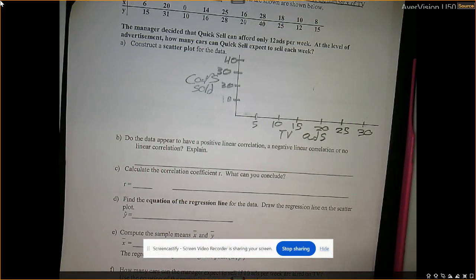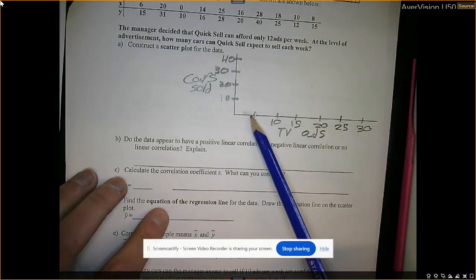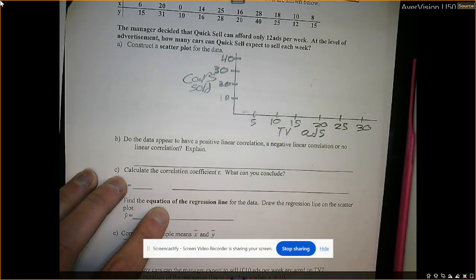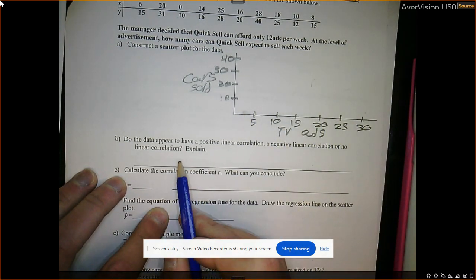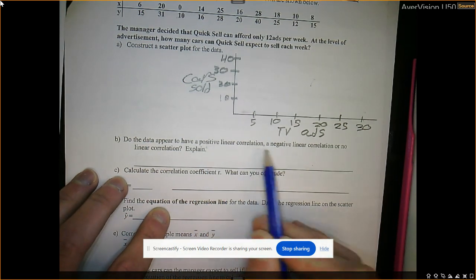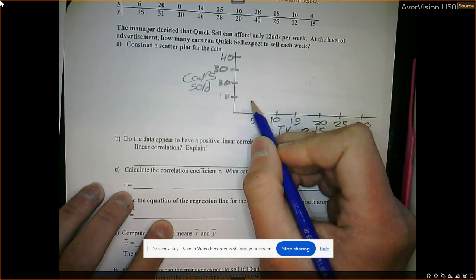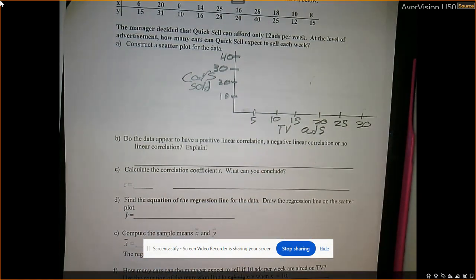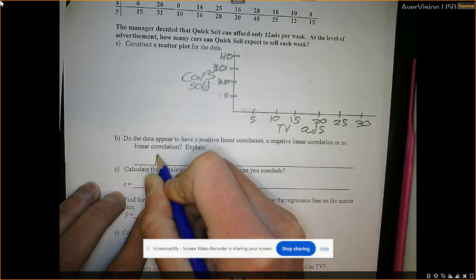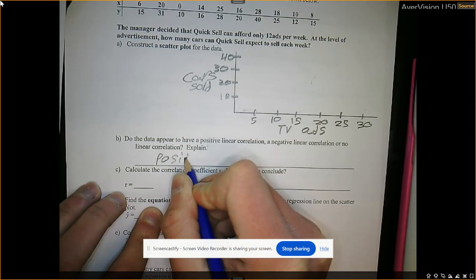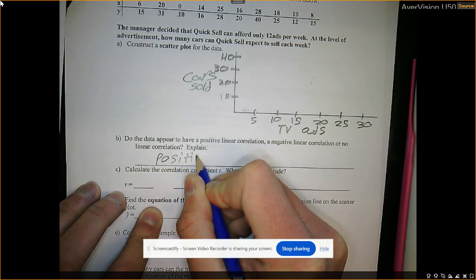Also, based off of your scatter plot, and we saw it when I hit zoom 9, do the data appear to have positive linear correlation, negative, or no correlation? It does seem to have a pretty strong linear correlation, and that is a positive linear correlation, because you should see as x increases, so does y.